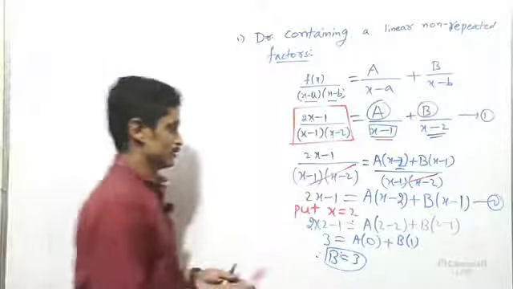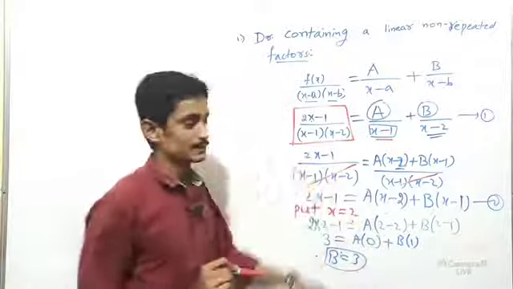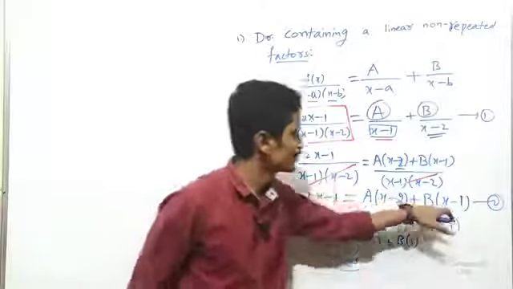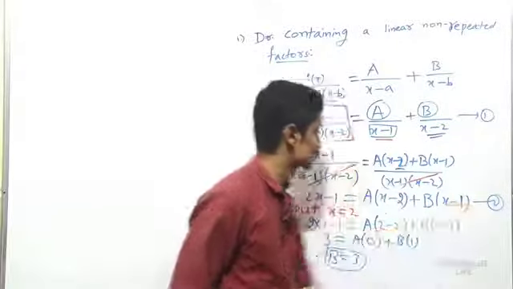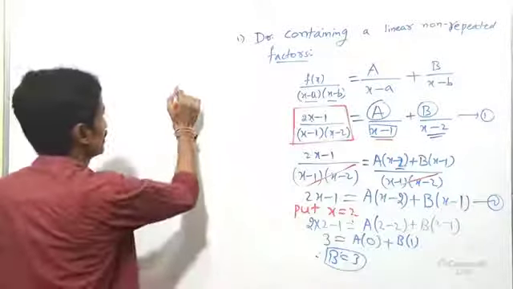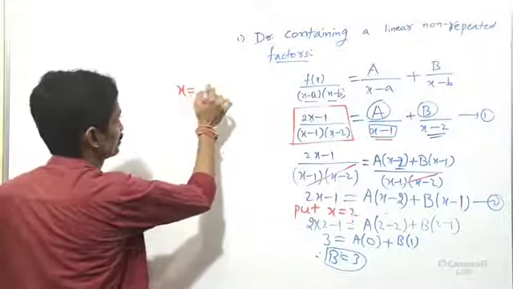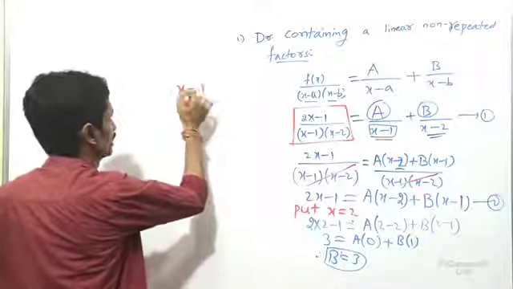Next, I need the value of a. To get the value of a, try to eliminate b. What is the factor of b? Here x minus 1. How do we make that x minus 1 zero? For that purpose, take x minus 1 equal to 0, then x will be 1.